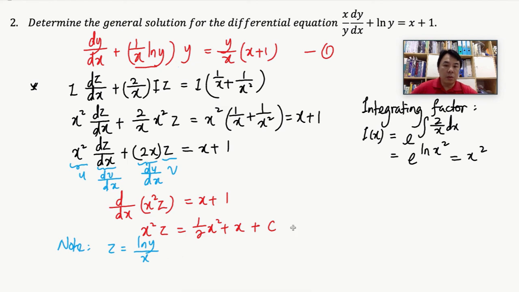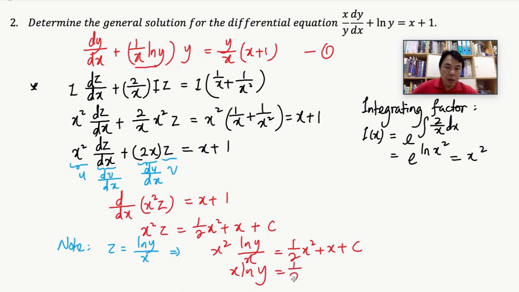This is the time for us to substitute back into this final expression. So that will be x squared ln y over x equal to half x squared plus x plus c. And then finally, if you simplify that, you will get half x squared plus x plus c.